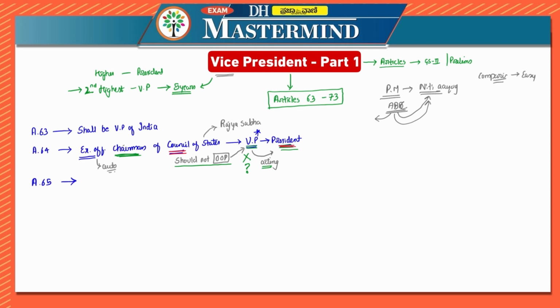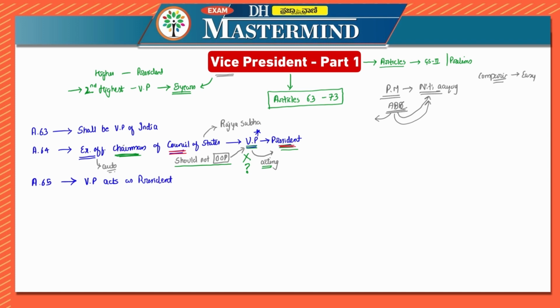Now what does article 65 say? The vice president to act as president or to discharge his functions during casual vacancies in the office or absence of the president. That is, 65 says that the vice president acts as president.